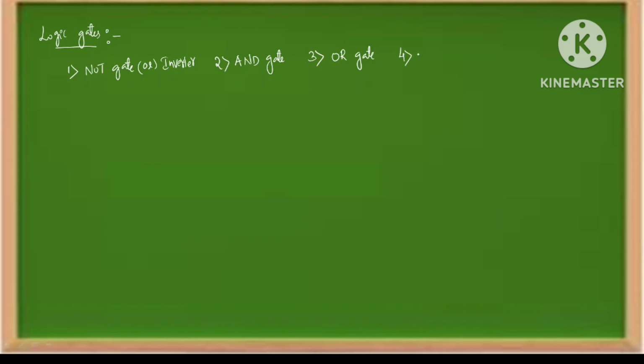The fourth gate is the NAND gate. The fifth gate is the NOR gate. The sixth gate is the XOR gate, which is the acronym for exclusive OR gate.